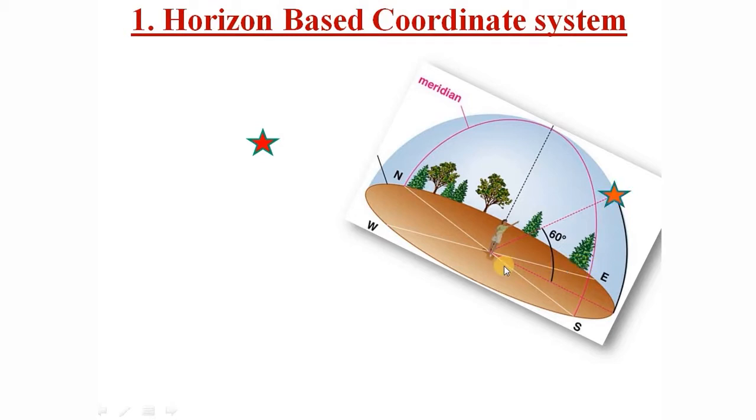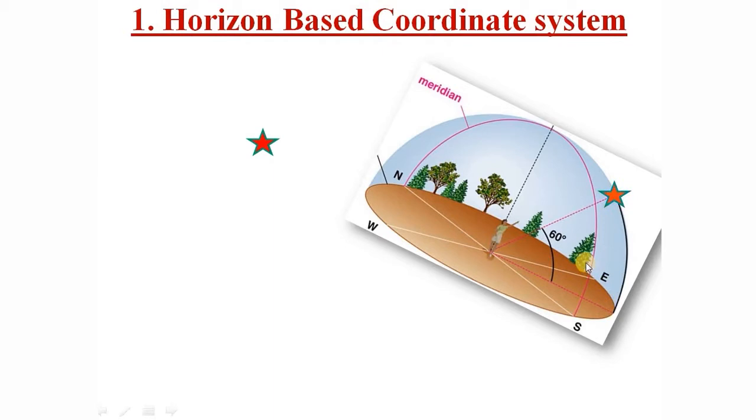Or you can have the same feeling when you are standing near a beach or a seaside and you look at a faraway point. You feel that the surface is merging with the celestial sphere at the far end.